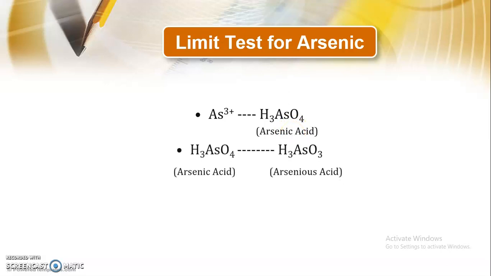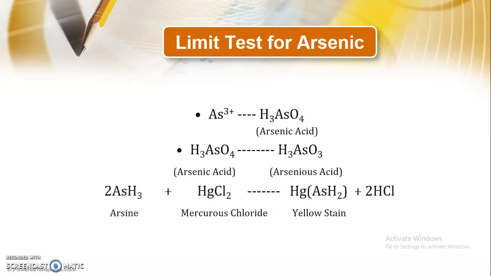Now this arsenic acid, that is H3AsO4, consists of one oxygen more as compared to the arsenious acid. So this arsenic acid is reduced with the help of a suitable reducing agent, and it is converted into arsenious acid.